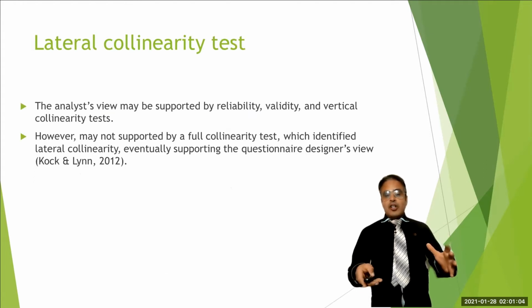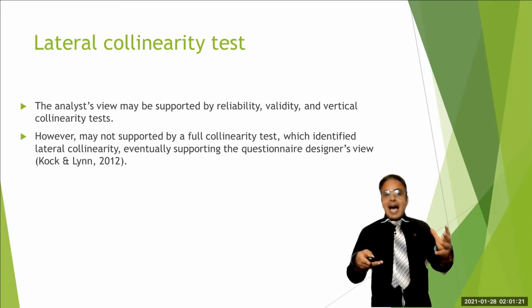So with lateral collinearity, we may end up having a model that is supported by reliability, validity, and vertical collinearity tests. However, we end up having an issue with lateral collinearity.